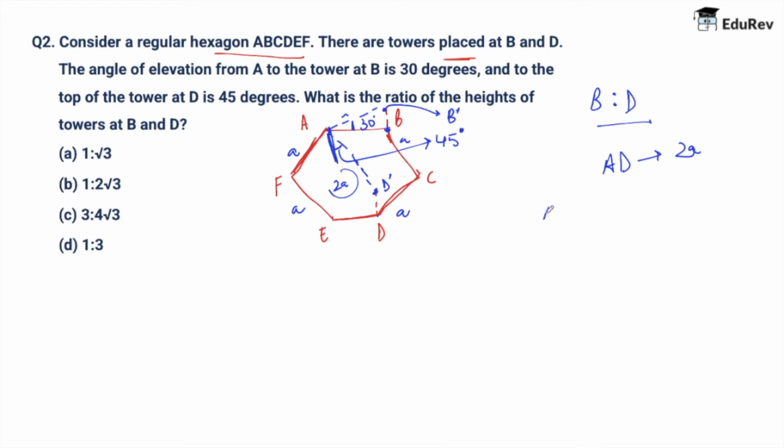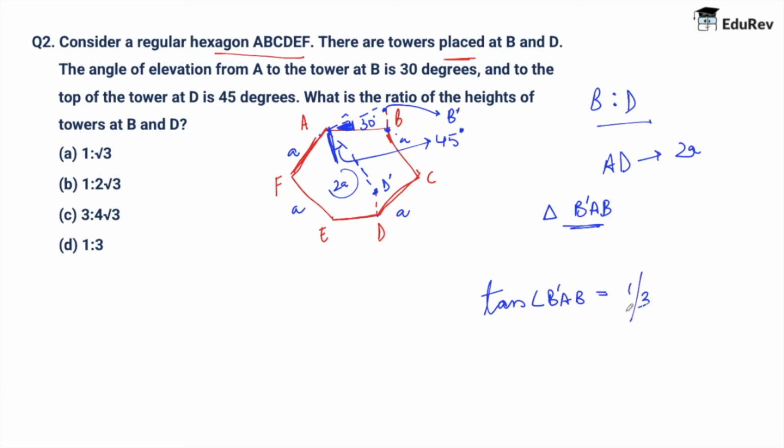Now consider the triangle B dash AB, where B dash is this point, A is this, and B is this. Now I need to find the tangent of this angle, which is 30 degrees, correct?